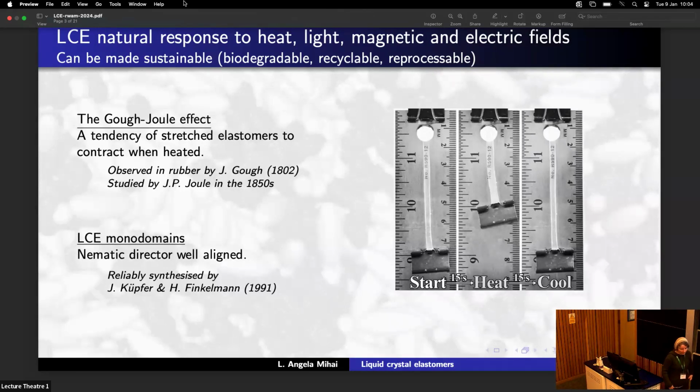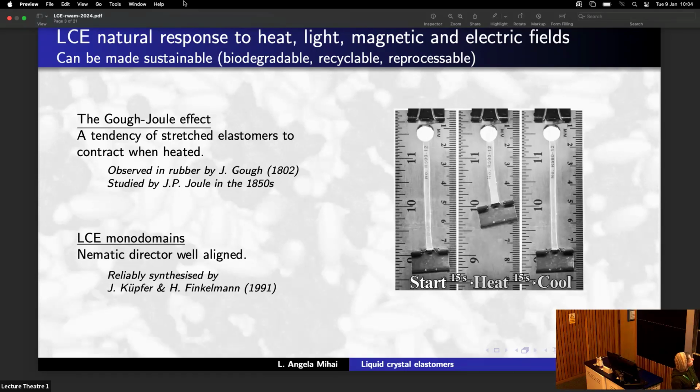Because it's rubber combined with liquid crystals, there are a number of physical properties that liquid crystal elastomers inherit from the rubber material and enhance as well. So one of these effects is the Gough-Joule effect, and this is what makes thermotropic liquid crystal elastomers very, very effective.